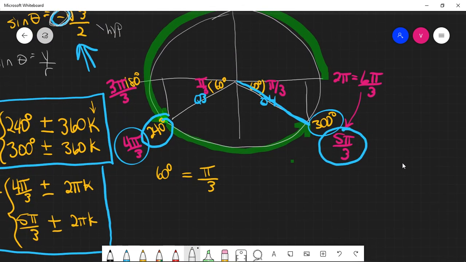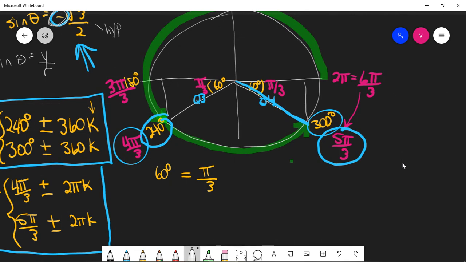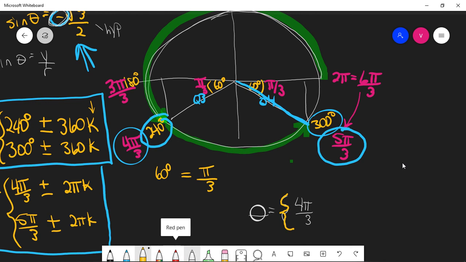That's the easy one, right? We start at 0 radians, go to here, all the way to here. So you just have 4 pi over 3. That's your first answer. That's supposed to be a beautiful squiggly bracket. I'm sorry, let's make that cleaner. And if you keep going around here, you hit 5 pi over 3.